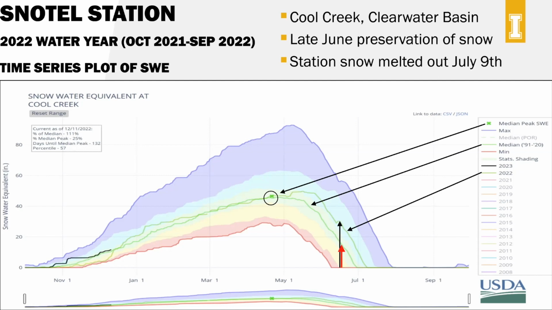In the calculation of percentage of median SWE, the median value is in the denominator, so as it goes to zero, the percentage becomes very large. This doesn't mean that there's a huge amount of snow on the basin. However, it does tell us that the snow persisted longer than usual.